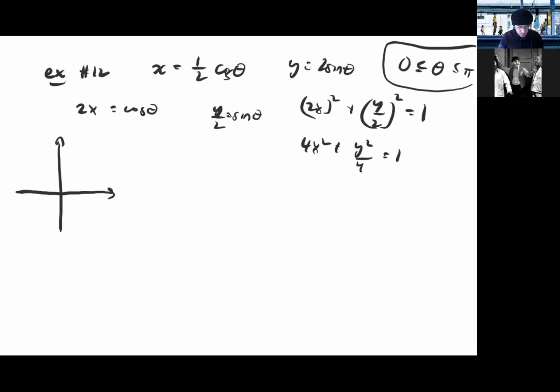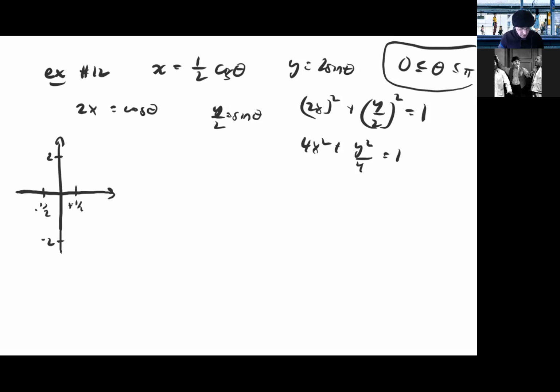Which ellipse? Well, when y is 0, x squared is a quarter, so x is going from minus a half to plus a half. And when x is 0, y squared is 4, so y varies between minus 2 and 2.